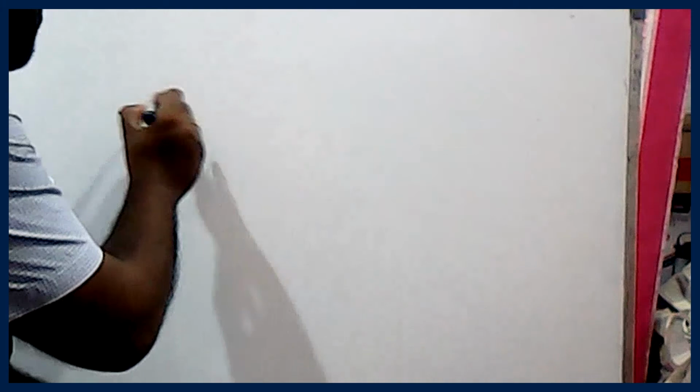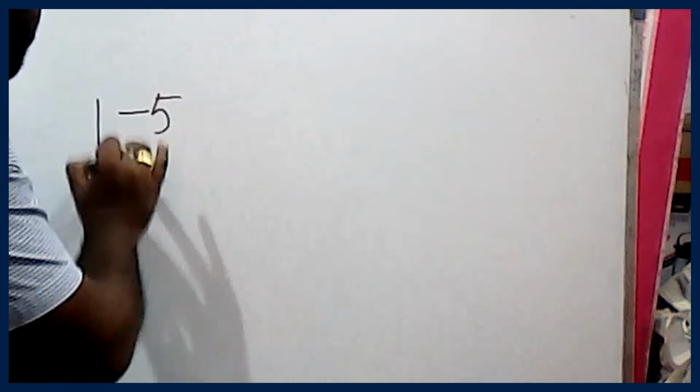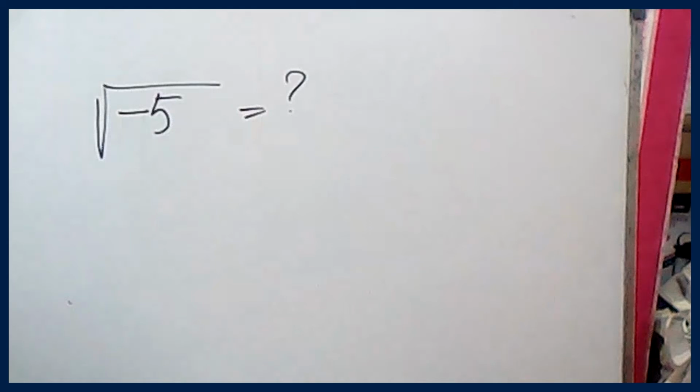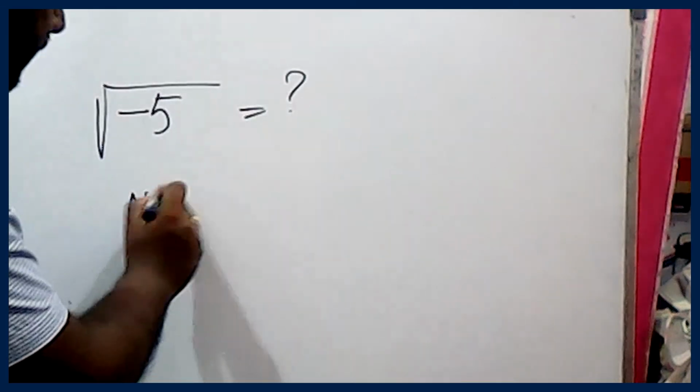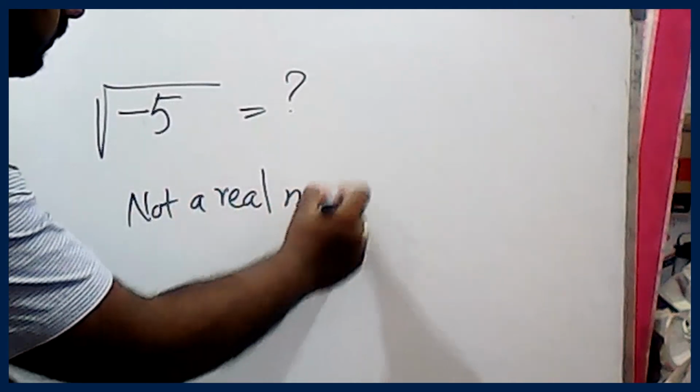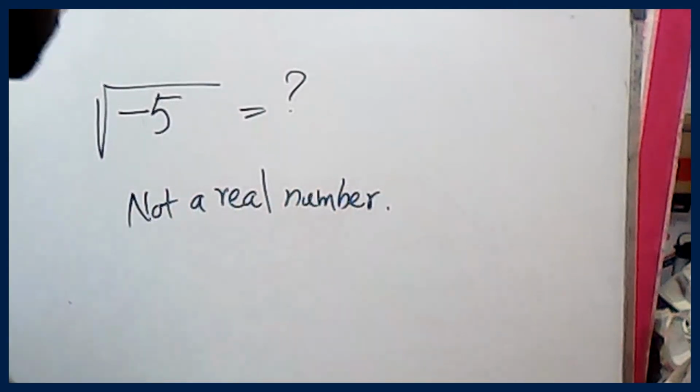Yes, there are numbers which do not belong to real numbers. For example, square root of minus 5. This number is not a real number. We call this a complex number, right?